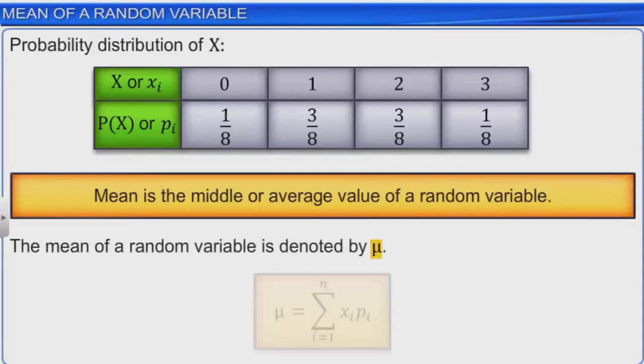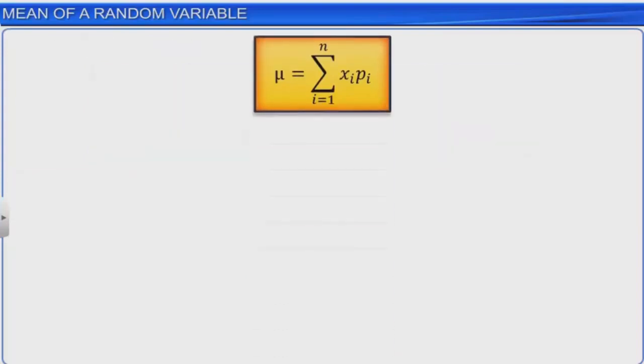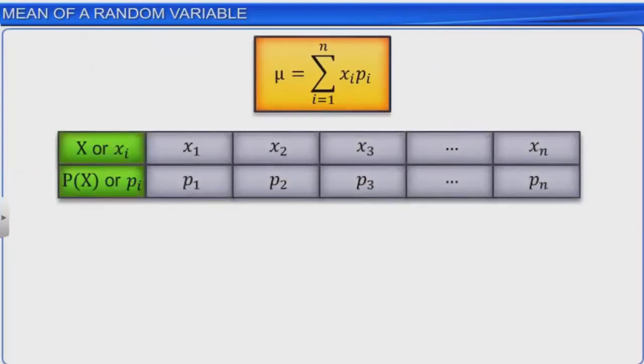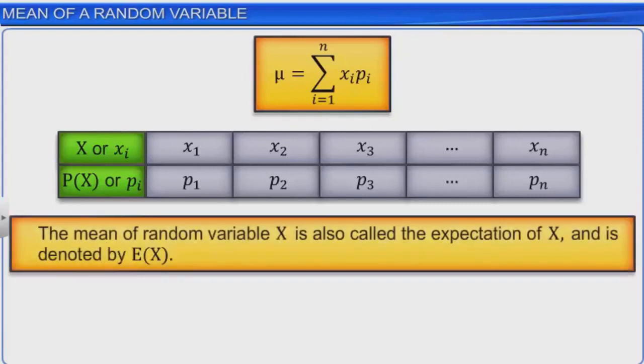Mu is equal to the sum of the products of the possible values of X and their respective probabilities, where xi's are the possible values of X and pi's are their respective probabilities. The mean of random variable X is also called the expectation of X and is denoted by E of X. Therefore, the expectation of X or mean of X can be expressed as shown.